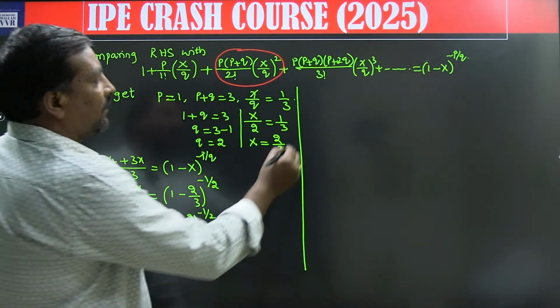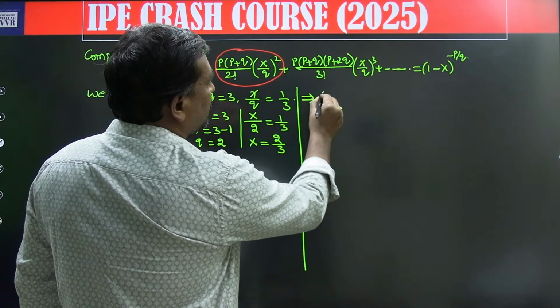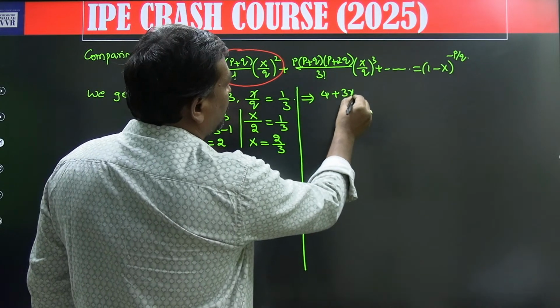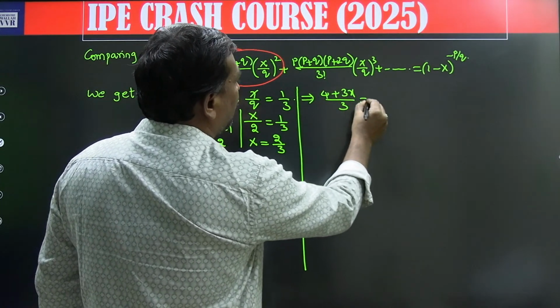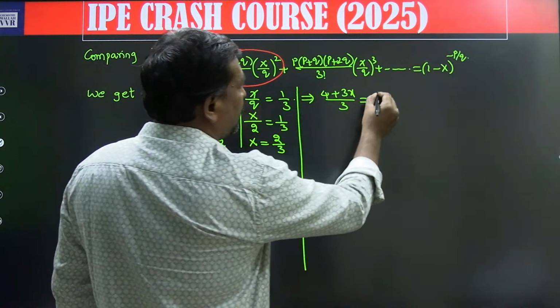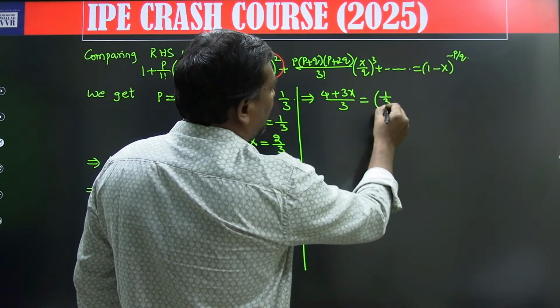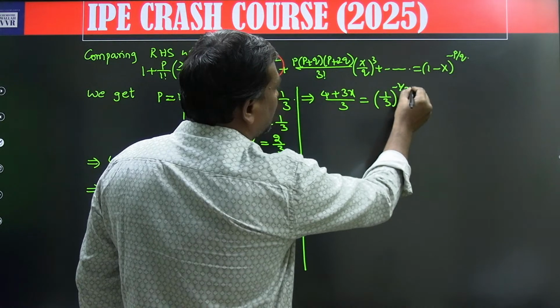So (4 plus 3x) by 3 is equal to (1 by 3) whole to the power of minus 1 by 2.